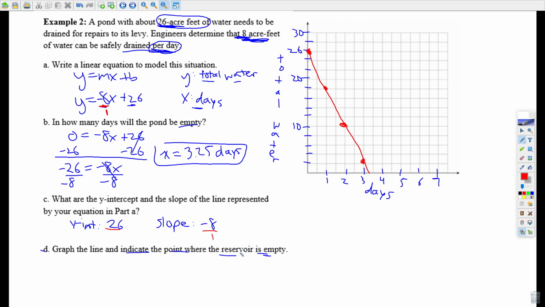And we're also supposed to indicate where the reservoir is empty. So if you look at this line up here, where do you think it would be empty? Well, since this is considered the total water and it's just going down and down and down, we want this level of water to go down to 0. So we're looking at where it crosses right here. And so that would be right around here. So I'm going to indicate that.